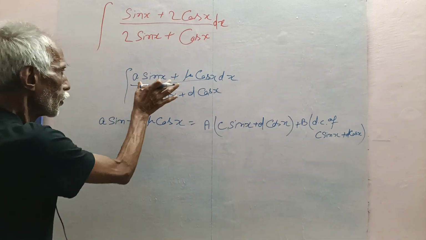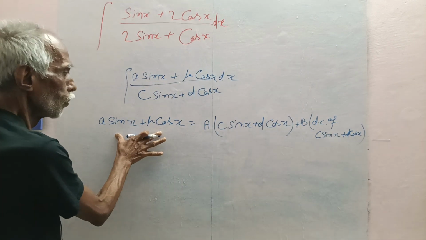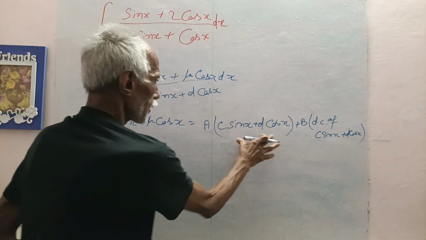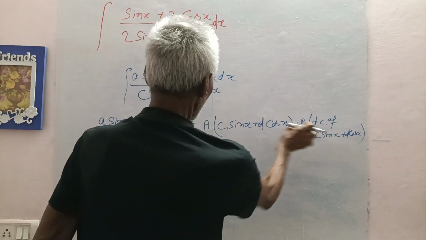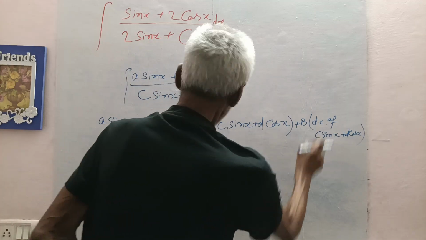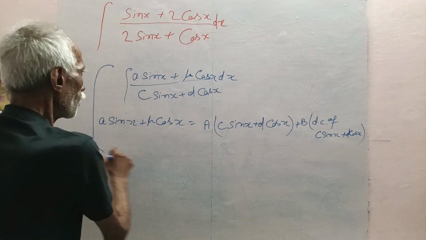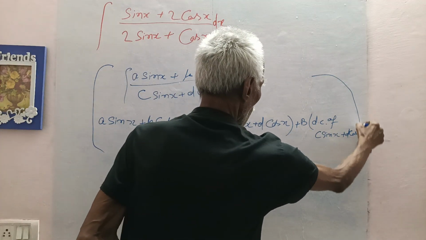Means the numerator will be equal to a into the denominator plus b into the differential coefficient of the denominator. This is the method to solve such type of sums.